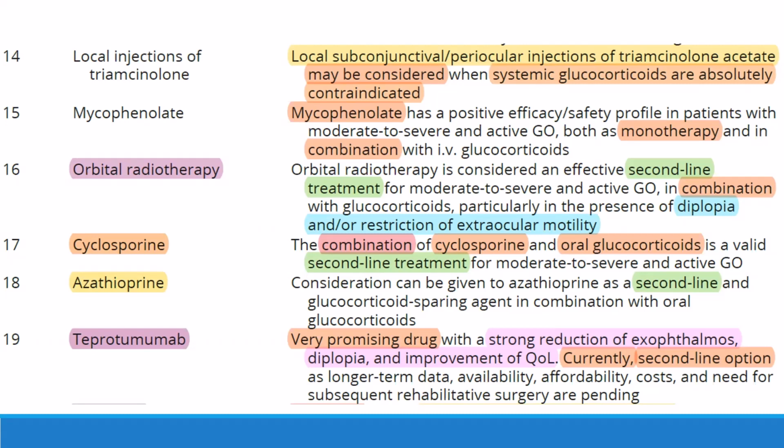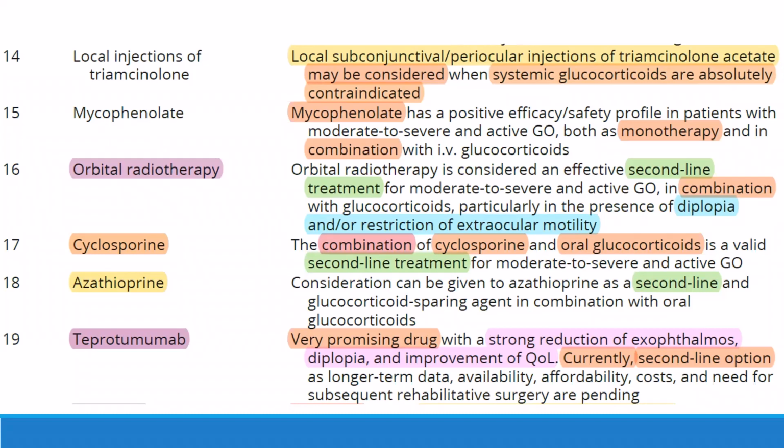Another very promising drug is teprotumumab, which has a strong reduction of exophthalmos and diplopia, and improvement of quality of life. Actually, I discussed these drugs and treatment modalities in full detail in a session on Graves' orbitopathy.